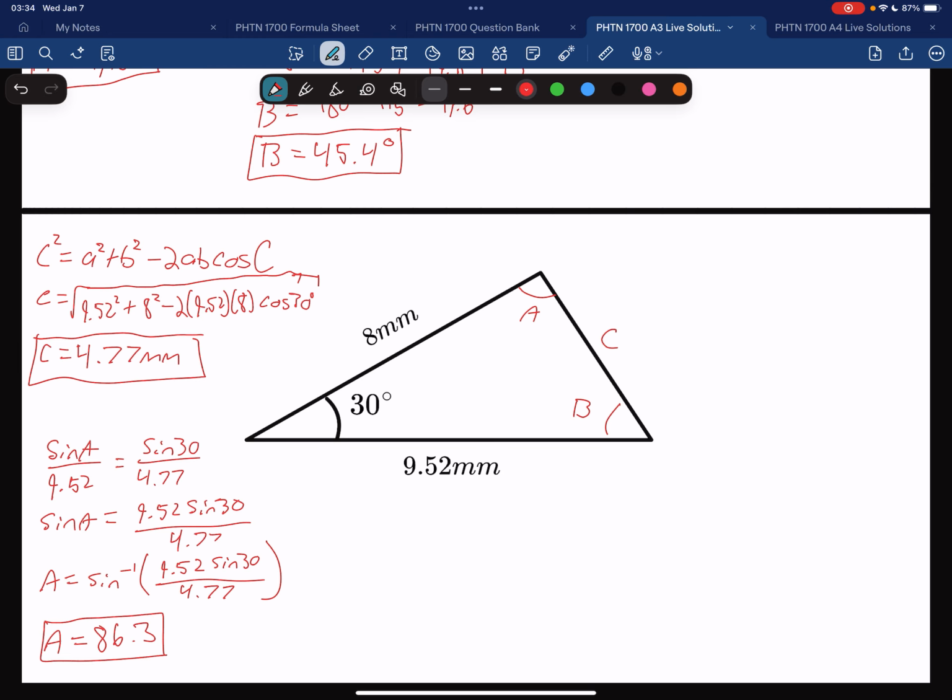I'm going to find B first, the exact same way I just found A. So sine B over 8 is equal to the sine of 30 over 4.77. And using the exact same rearrangement for finding the angle A, we are also going to have our angle B here.